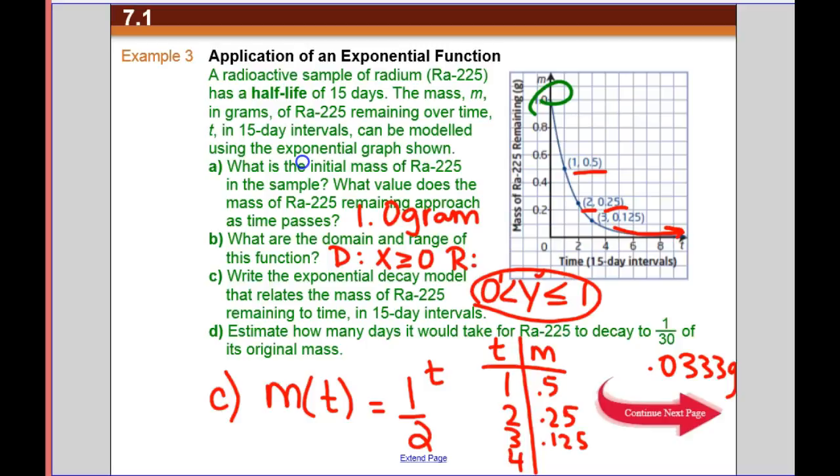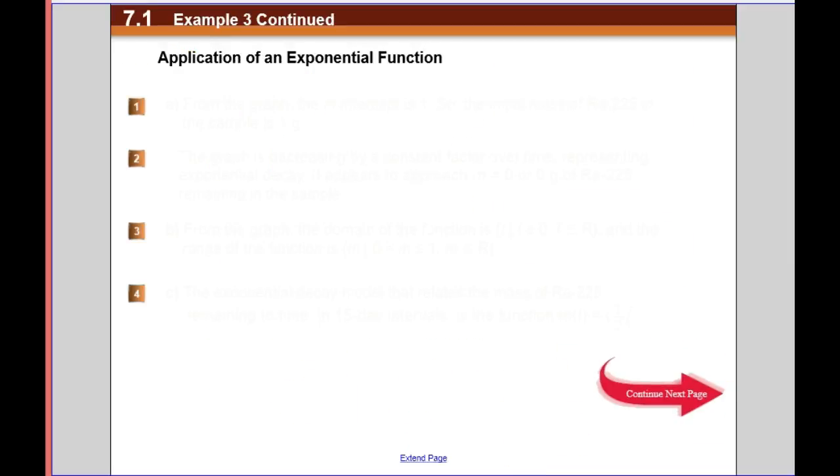We can plug into the equation to find what it is for 4. So if we put 4 in for our time, we have this equation, and we're going to put 4 in.